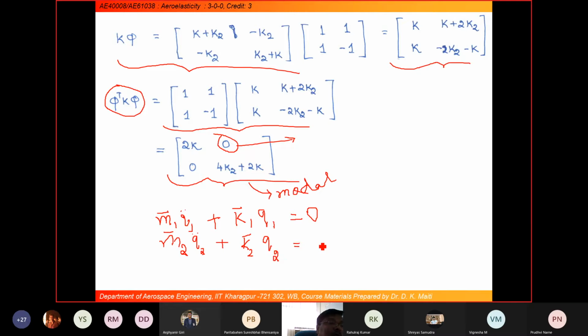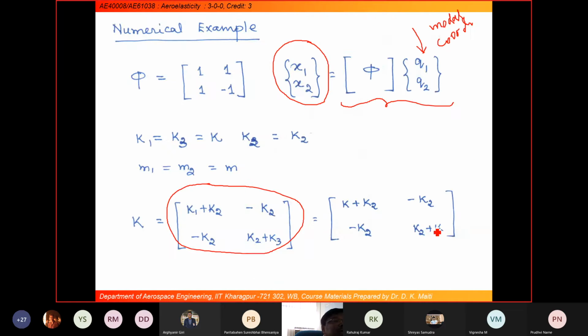Whatever I am saying, when it was in the physical coordinate, those two equations were coupled. If I give a displacement in the x1 direction, the x2 direction will also be excited due to the coupling of the stiffness matrix. Though the mass matrix is not coupled, the stiffness matrix is coupled.